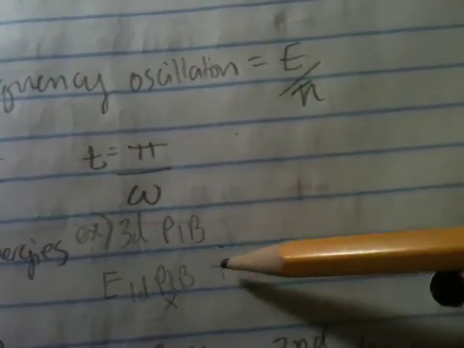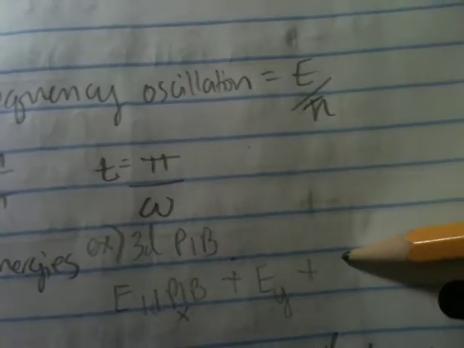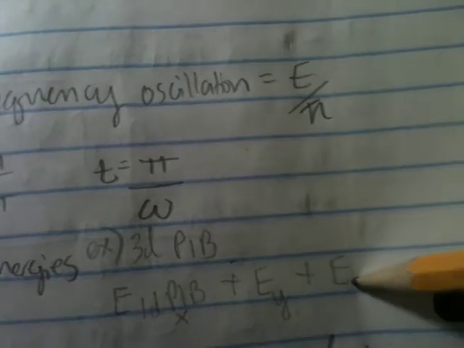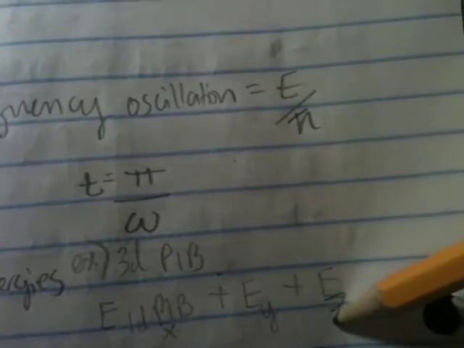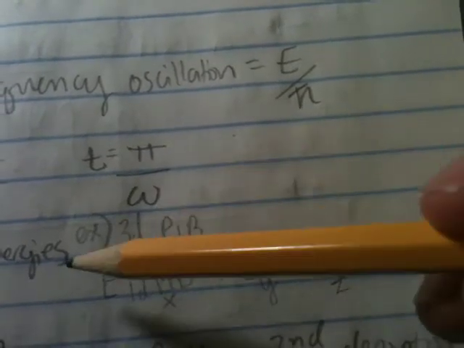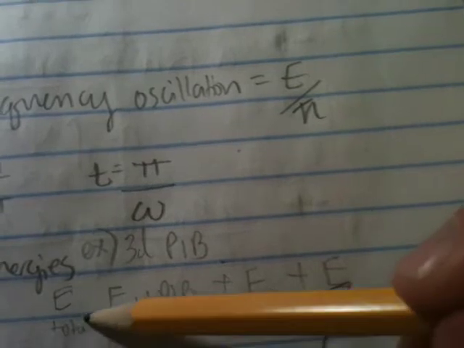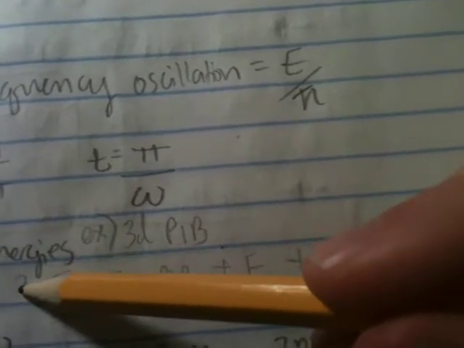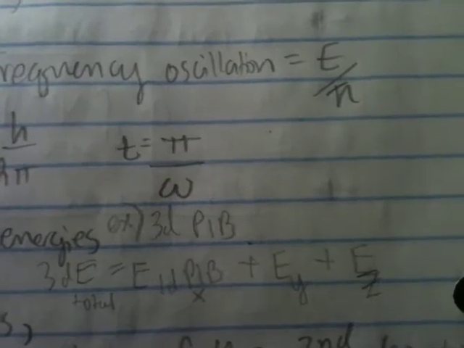Then you have the same energy in the y, well, not the same energy value, but the same energy function. And then in the z, and the sum is equal to the energy total for the 3D. That makes sense?